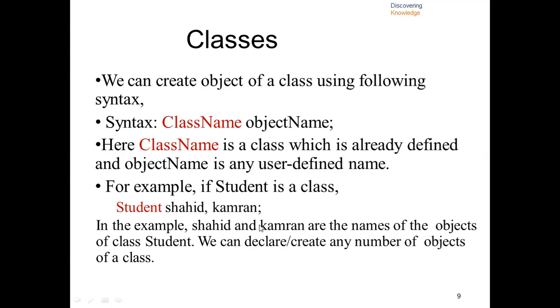If we want to define only one object, then we write Student Shahid and a semicolon. We will discuss this in detail when we study the topic classes and objects. So in the object-oriented programming concept, you just need to know what an object is, what a class is, and what the difference between object and class is.